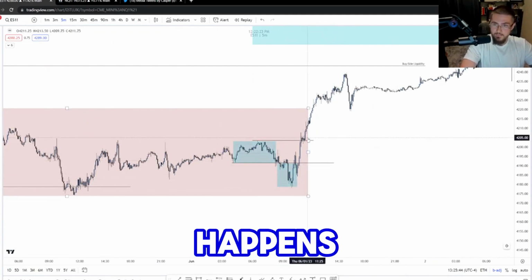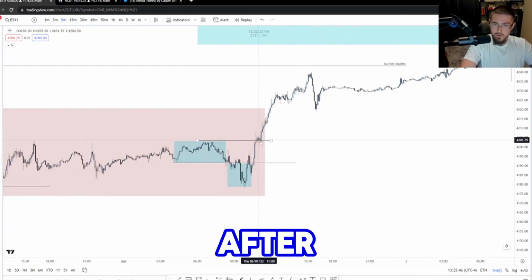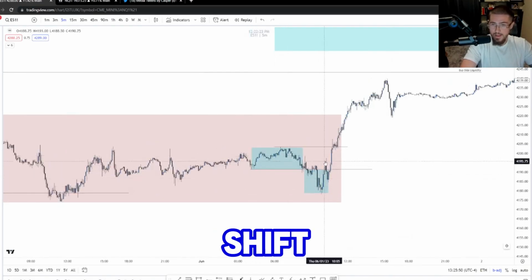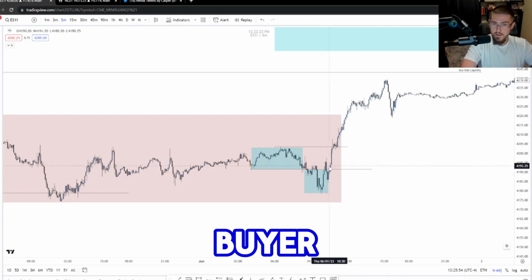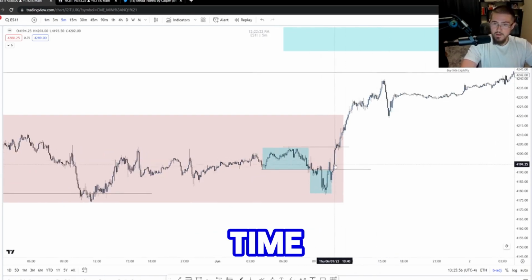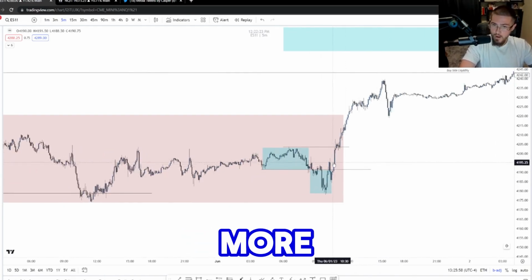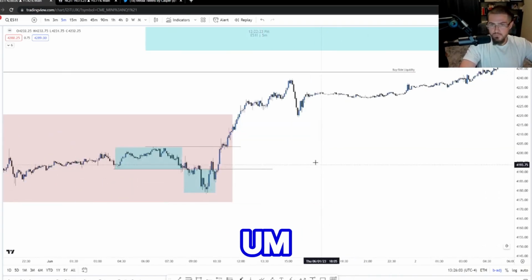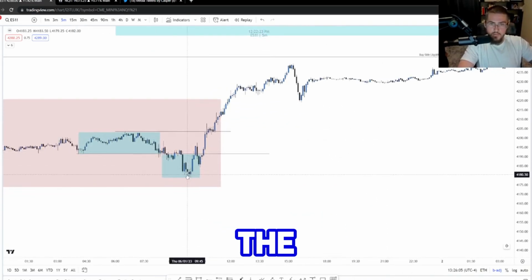So once this happens and you start to shift down and then shift back up into the range, at this point you're looking to be a buyer. This is based on time and price together, but more on time. Let's say you were looking at this just from the market open, the ICT stuff: market opens, you go up, take buy side, and a lot of people are going to want to sell here into the lows.